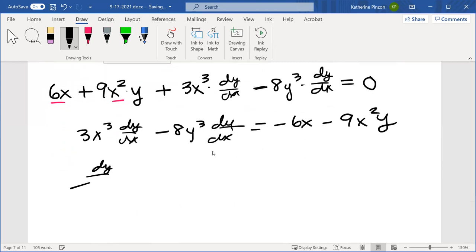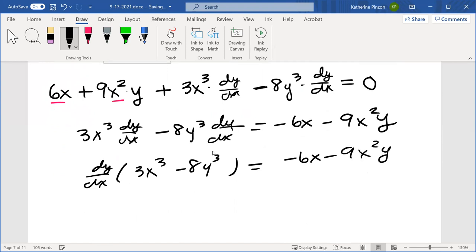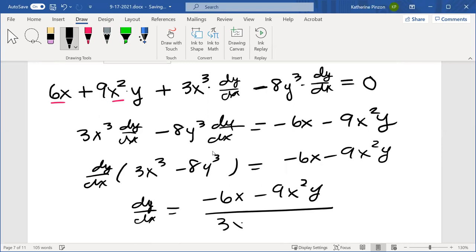Factor out dy dx, perfect. 3x cubed minus 8y cubed. And then divide by all the gobbledygook. So this whole thing, 3x cubed minus 8y cubed goes in the denominator. So that's my dy dx. That was part 1.